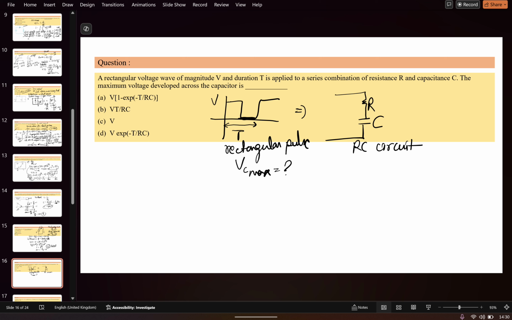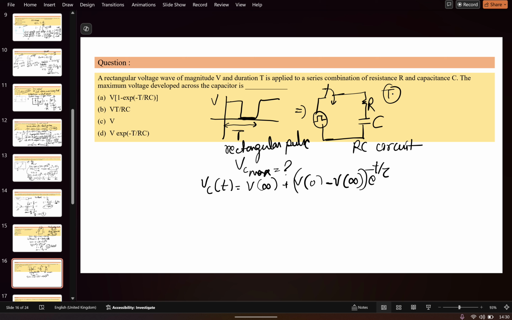In this question, as I told in the previous question, VC(t) is a standard equation: V infinity plus V0 minus V infinity e to the power minus t by tau. The voltage I have applied is a pulse voltage. Let's assume there is one switch, which you turn on every interval of T by 2.